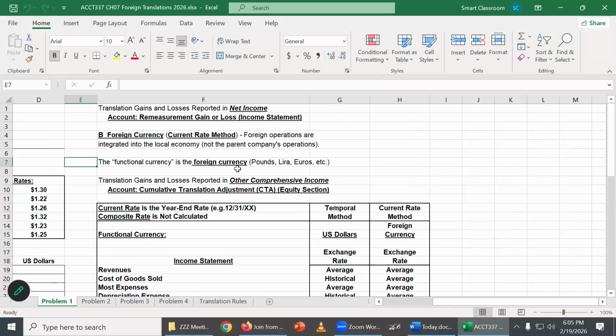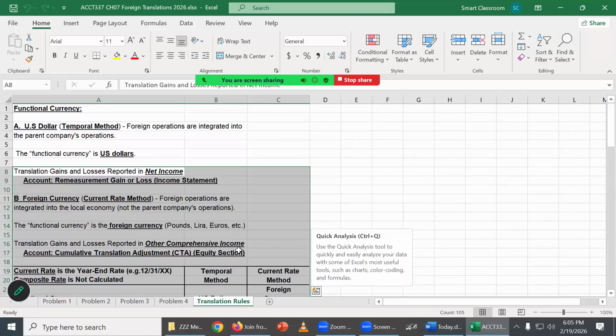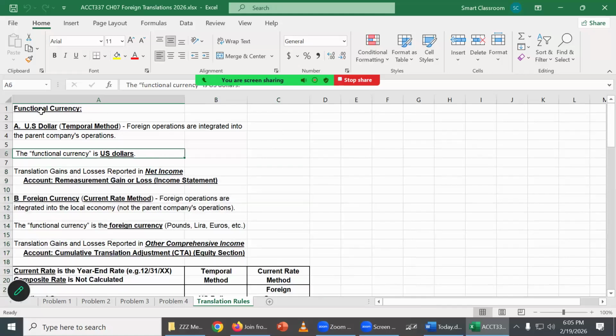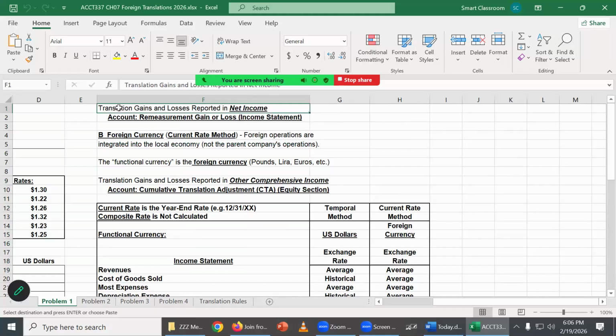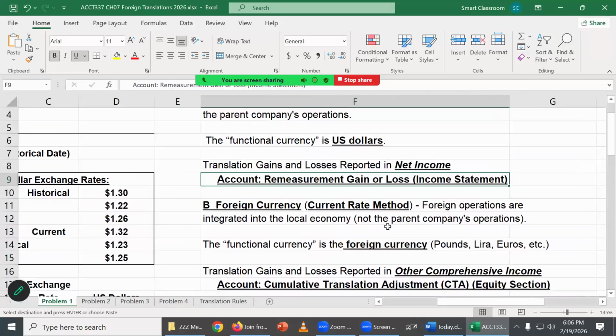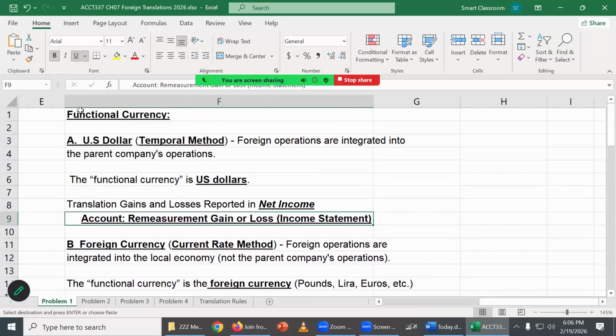Okay, so we basically have two different sets of rules for taking the financial statements and converting them into US dollars.